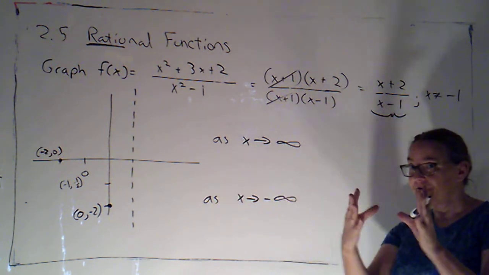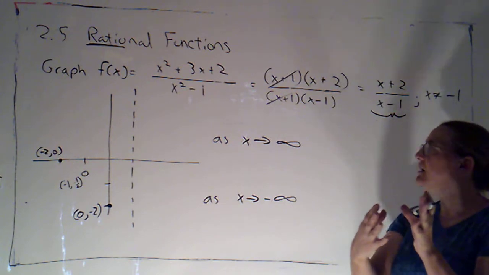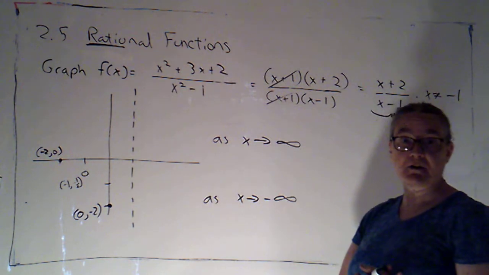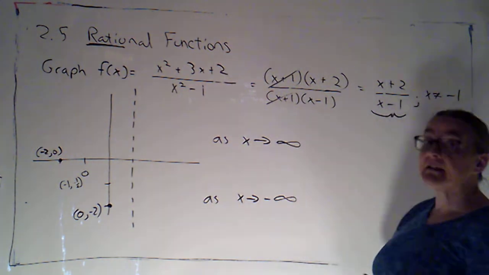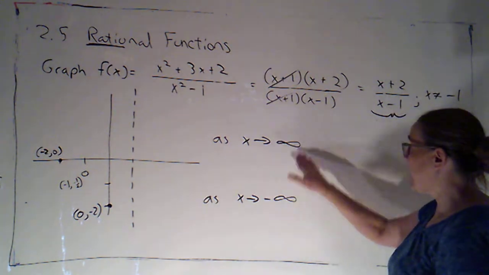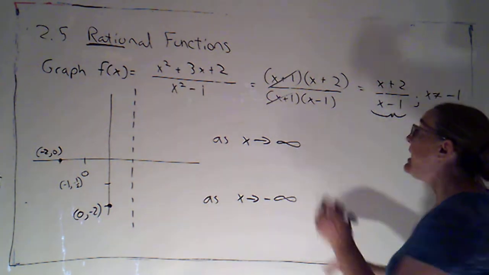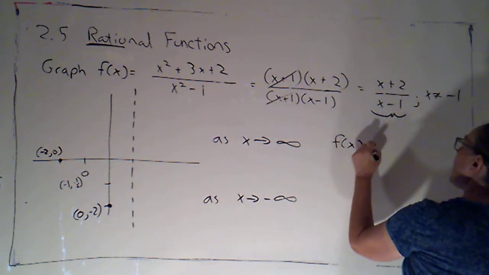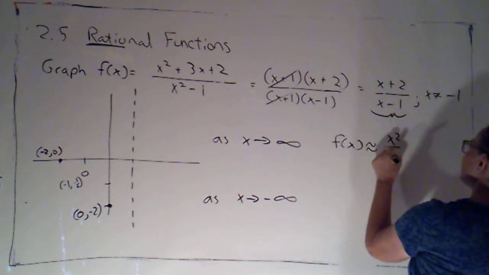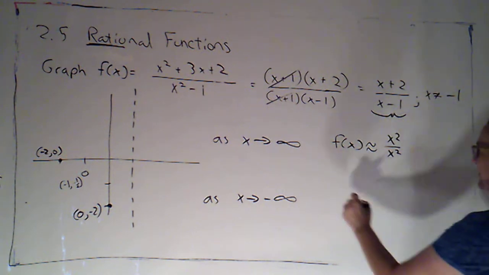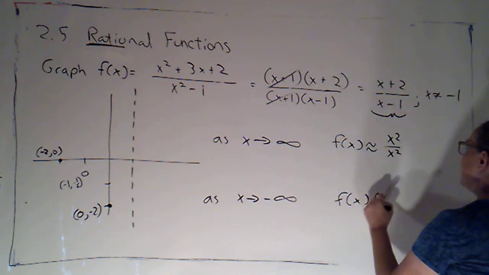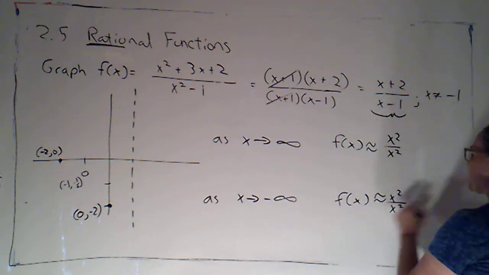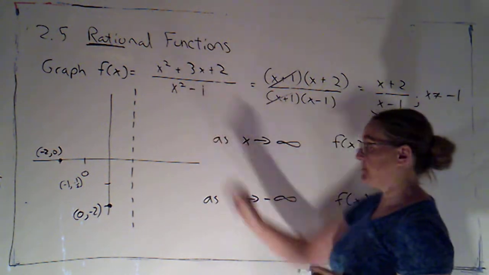In the middle, for moderate sized values, all these other terms are going to be important. But as we plug in really, really big stuff, whether it's really big and positive or really big and negative, f of x is going to behave approximately like x squared over x squared. It's going to behave like the fraction of its lead terms.